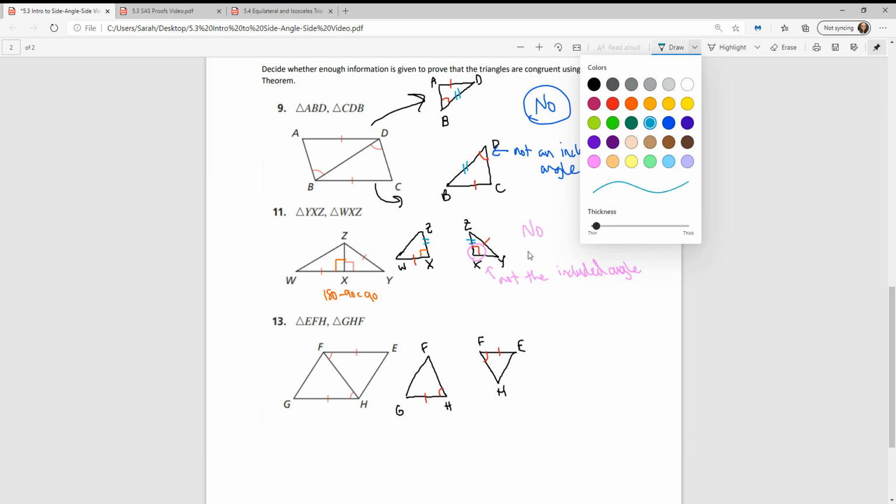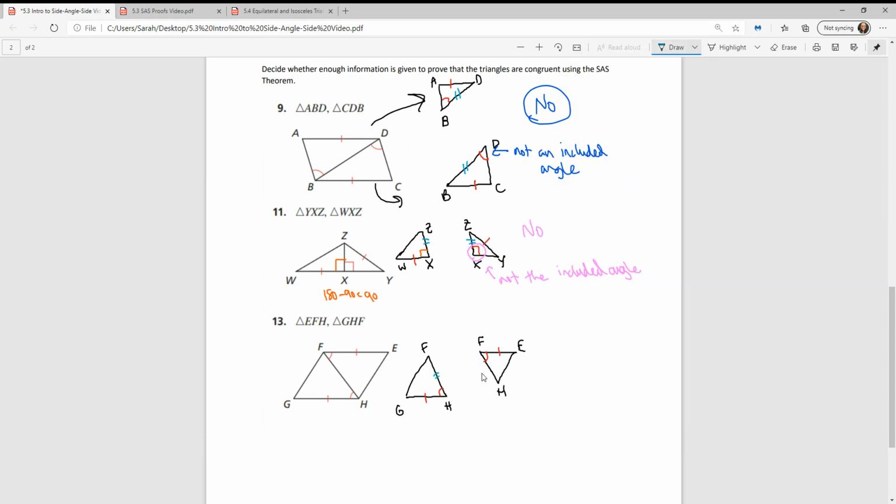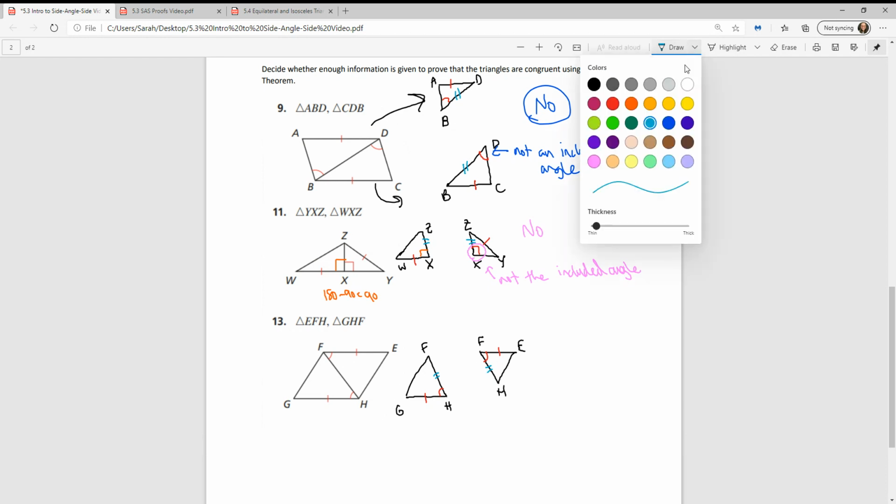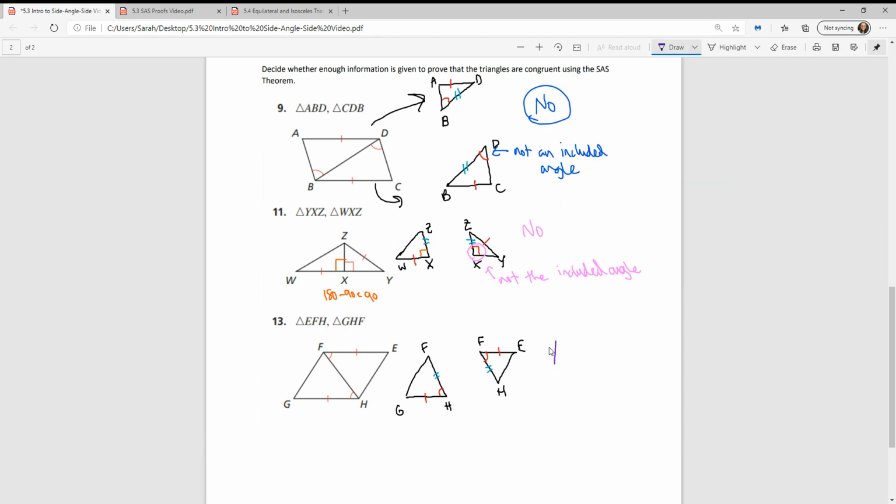What else do we know? Well, since FH is part of both triangles, by the reflexive property, it's going to be congruent to itself. So now let's look carefully. We have our two sides are marked as congruent. The angle that's marked as congruent is sandwiched in between them, so it is the included angle. So this is a perfect scenario of yes. We can use side angle side here because we have two congruent sides and their congruent angle included.